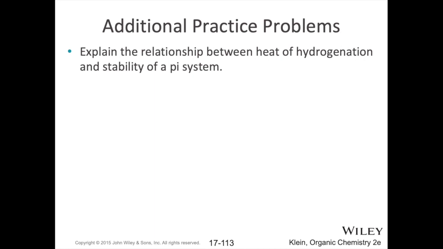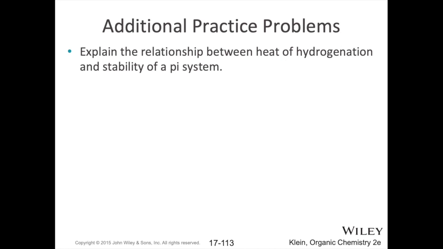All right, so explain the relationship between heat of hydrogenation and stability of a pi system. We kind of talked about this earlier, about heats of reaction in general and the stability of molecules. When you look at potential energy, if something is more stable, it's at a lower potential energy. Well, if you hydrogenate to get an even more stable product, and it's at a lower potential energy, it doesn't have a lot of heat of hydrogenation, right?